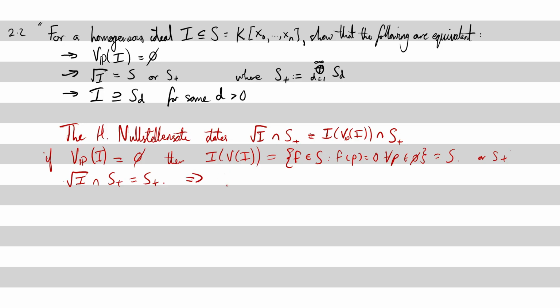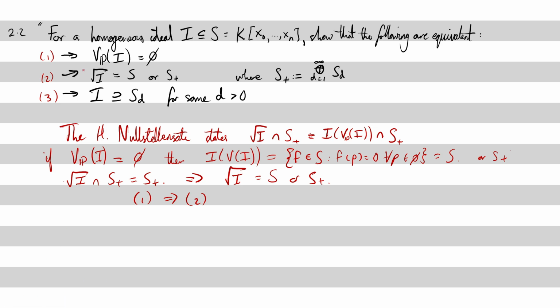Therefore, the root of I, or the radical of I, is S or S plus. Hence, we have 1 implies 2. I forgot to write here 1, 2, 3. So we have 1 implies 2.